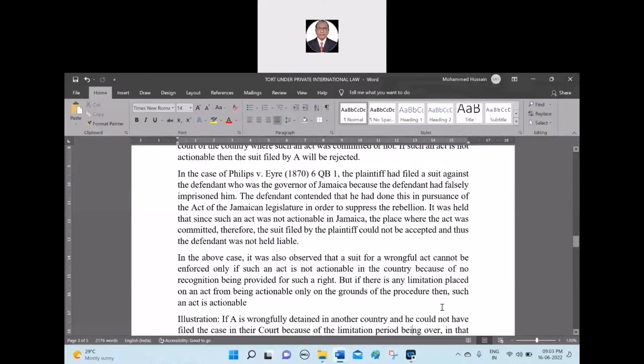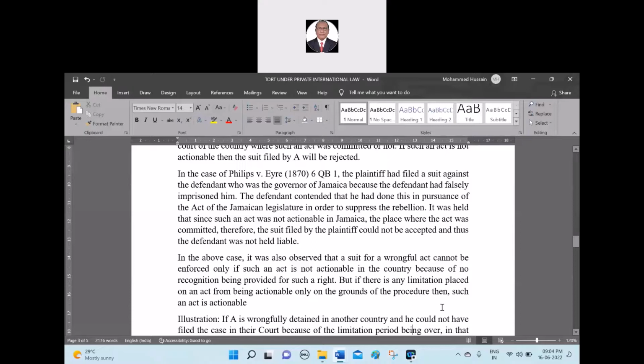Do you think the right is gone? No. The remedy is barred because of limitation, but the right still exists. The due is due. If you don't clear it now, at least you clear it in heaven. Did you get my idea? The right is there, but the remedy is barred because of limitation.